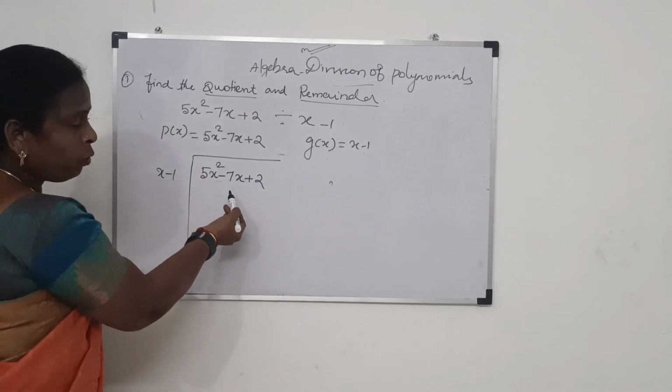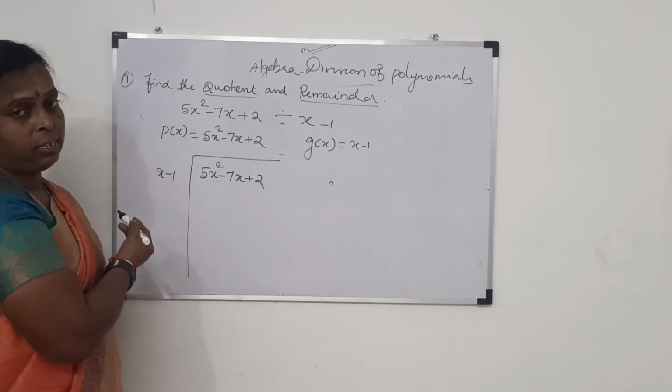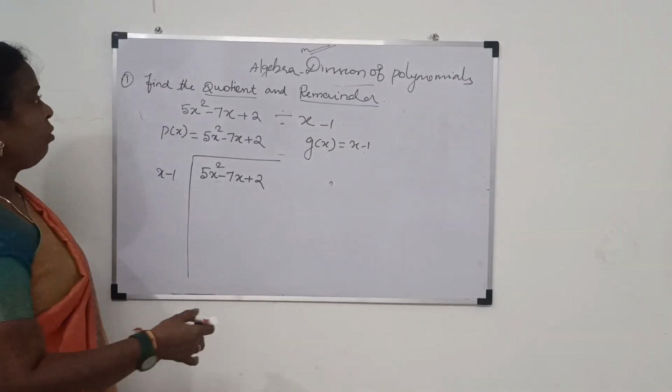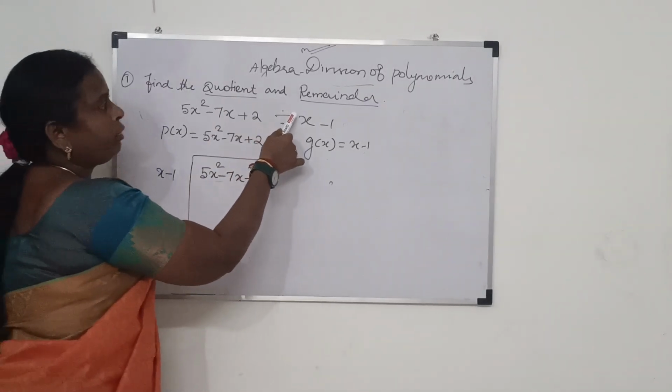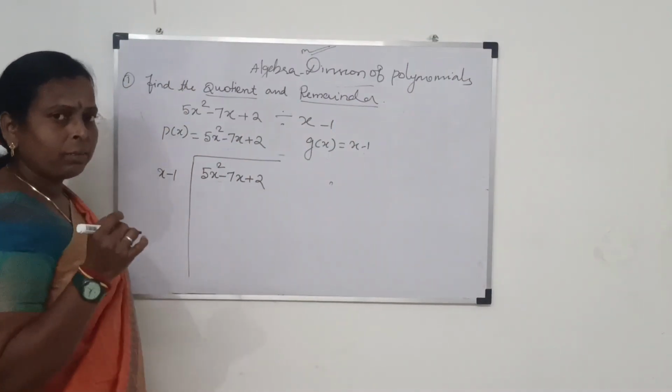So this is called the dividend and this is called the divisor. What we are going to find out is the quotient and the remainder.